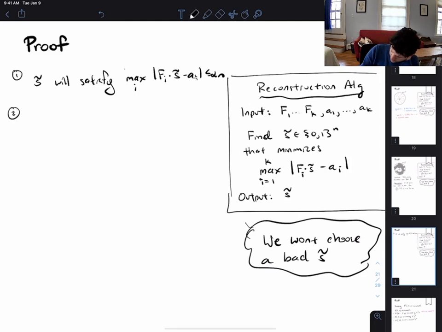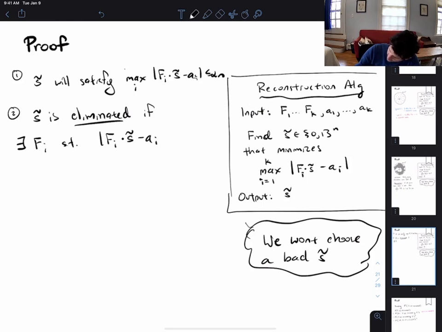Okay, so we have to define a term here. Let's say that S tilde is eliminated if there exists fi such that |fi · S tilde minus ai| is bigger than alpha n.